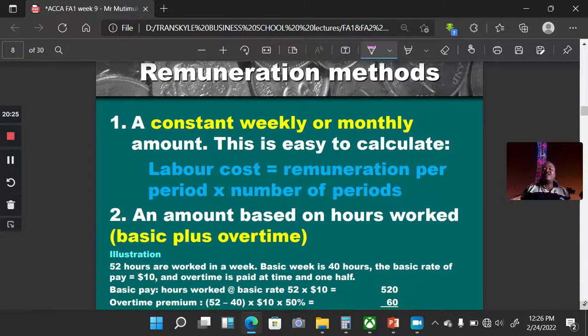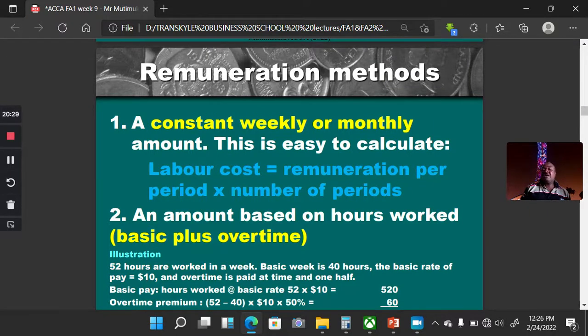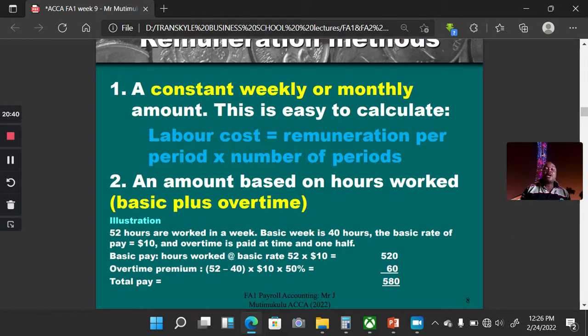Now, there are various methods which we can use to determine the gross pay. Number one, a constant weekly or monthly amount. This is easy to calculate.